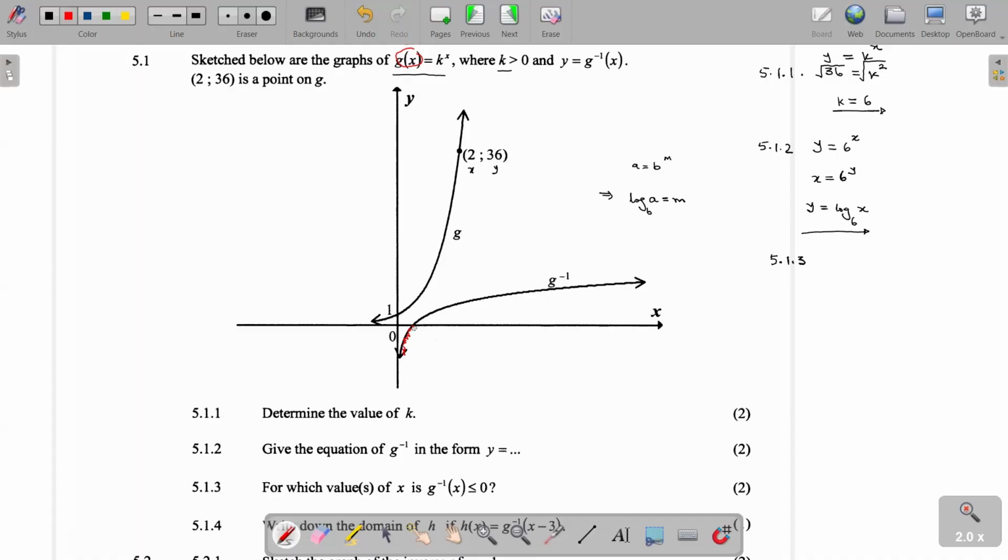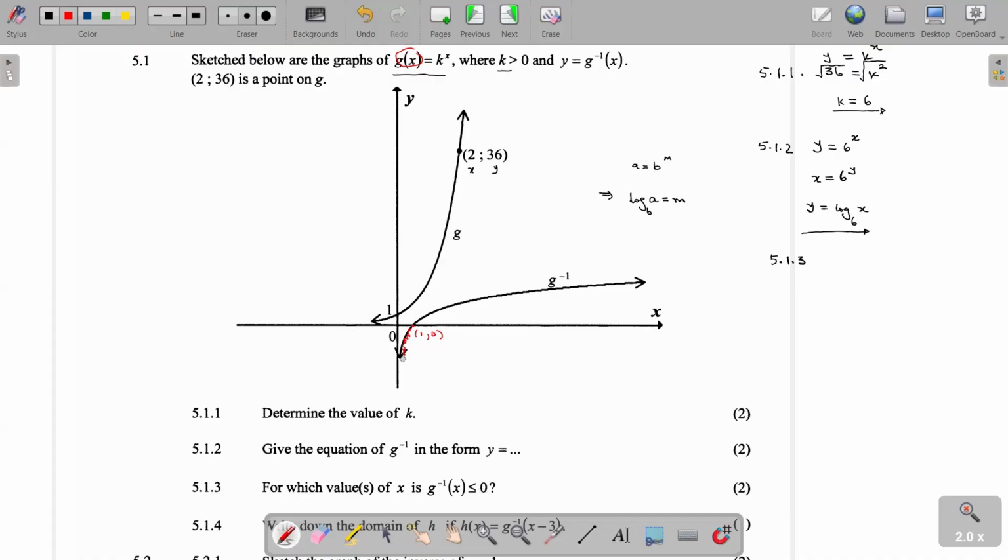Here the x-intercept is (1, 0). Remember, we have to interchange x and y. This was the y-intercept, so when we go to the inverse, what was the y-intercept becomes the x-intercept. The part highlighted in red is the part which is below or equal to the x-axis.